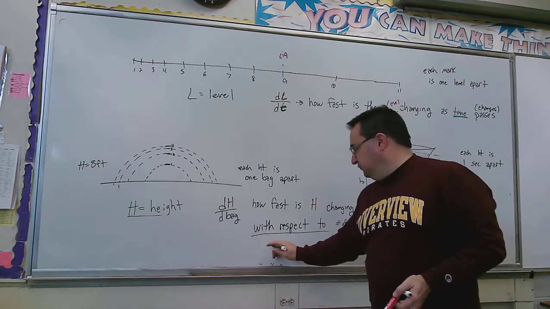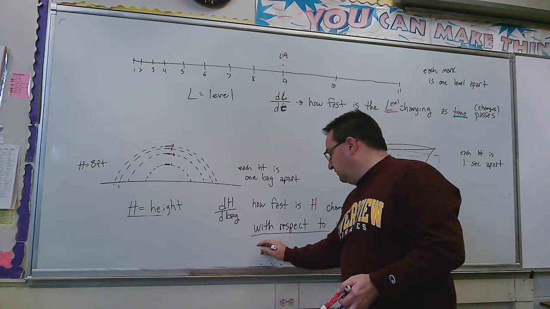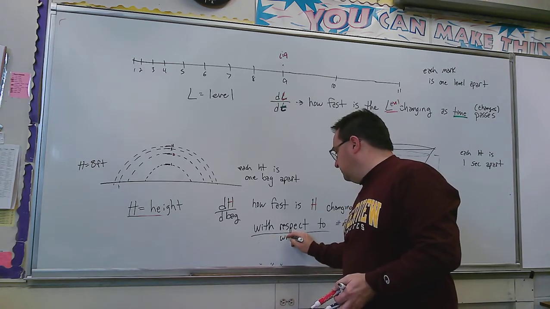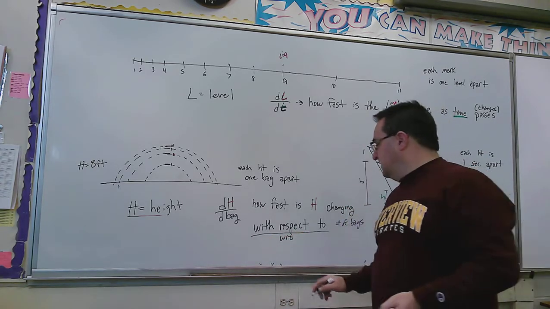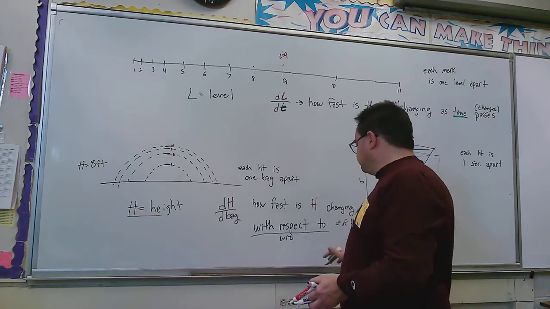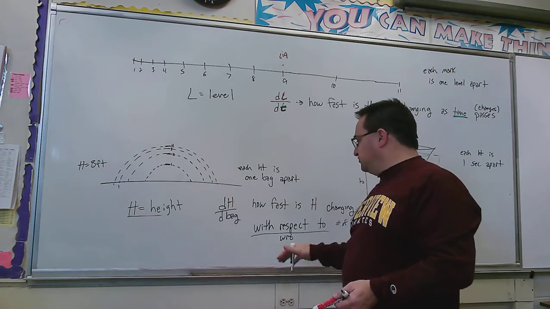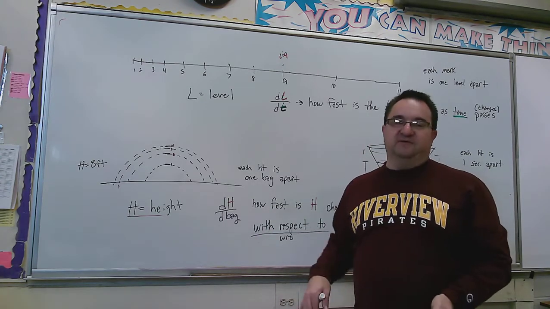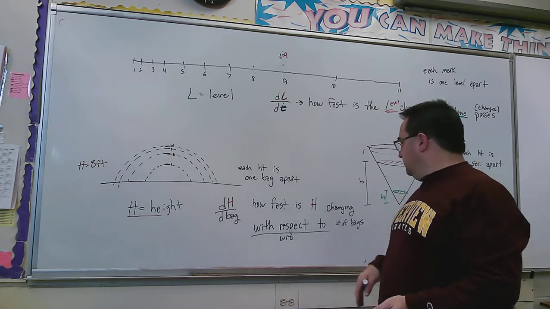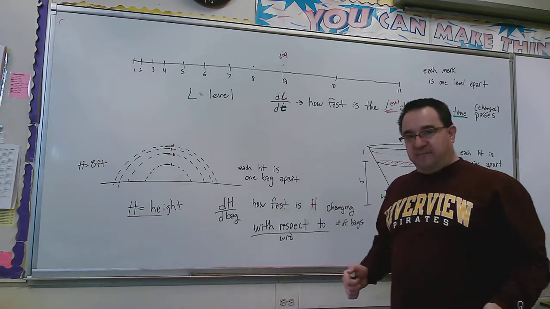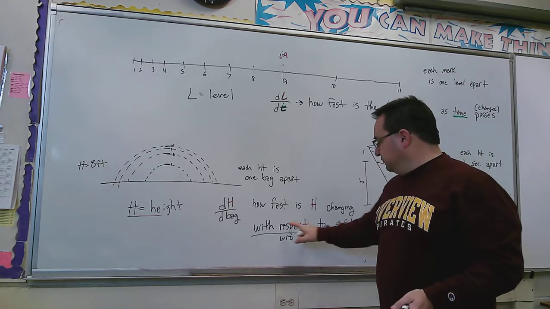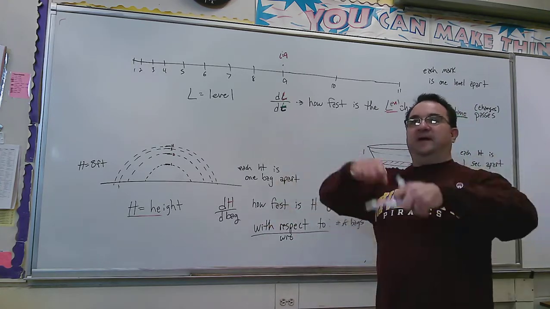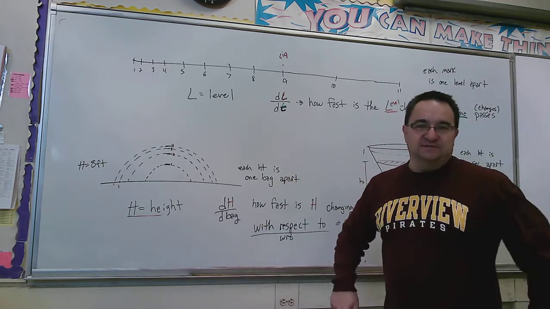With respect to, which I'll normally abbreviate WRT, means how fast is it changing relative to the number of bags? How fast is the h changing per unit bag? With respect to means compared to, measured against.